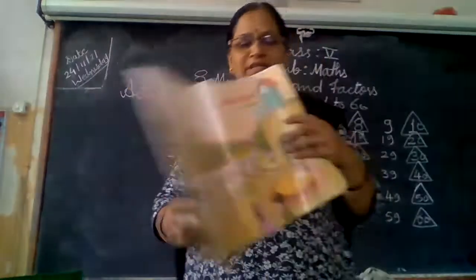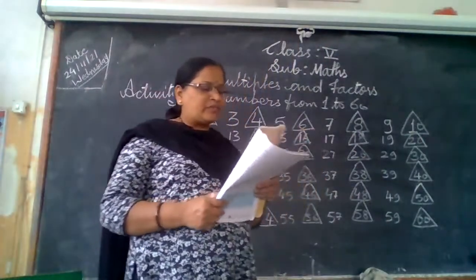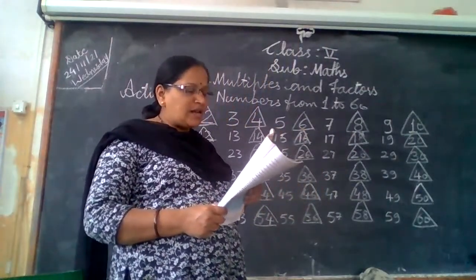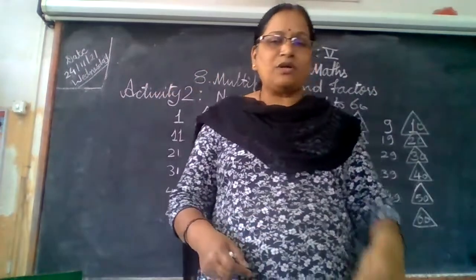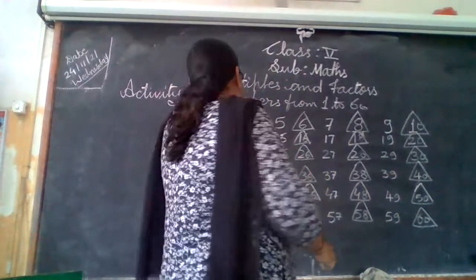Now what is given in the next point? Draw a circle around the multiples of 3. So let us draw a circle around the multiples of 3.